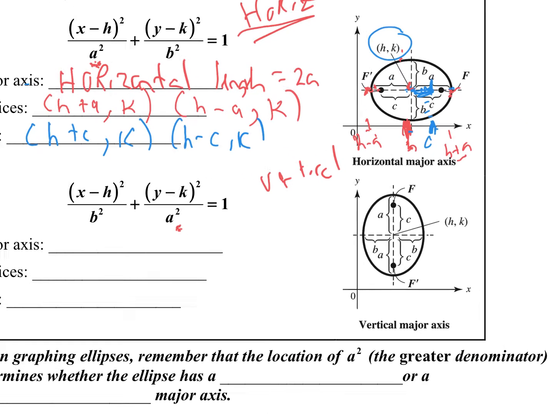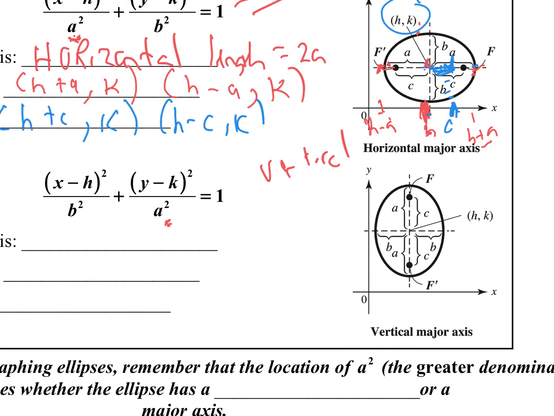Look at the vertical. This time, my vertex is up here and here. My focal points are here and here. You notice that the h value never changes. But now the k changes because the k is how high I go for the center.